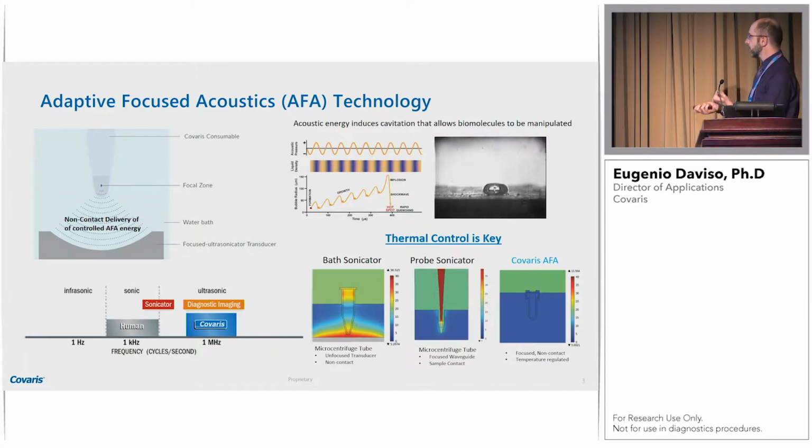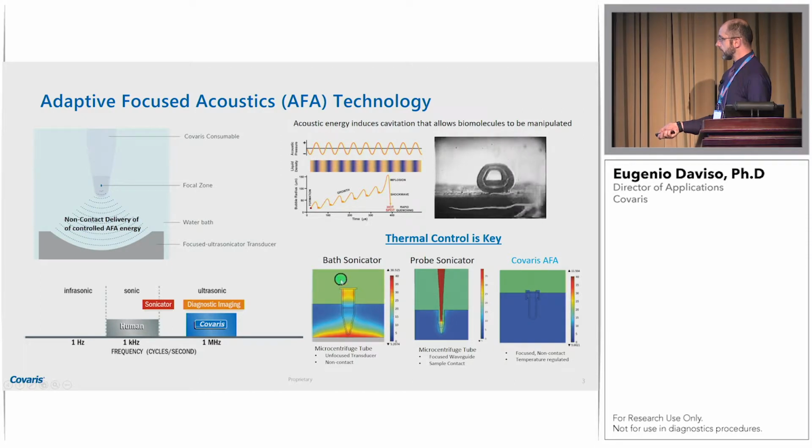If you have these three components, then there is no limit to what you can extract from your tissue. This is an example also of what's going on when you couple sonic waves to a plastic sample. This is a simulation that shows how heat is generated very close to the transducer, is not regulated, and is then transferred to the vessel, leaving very little or no control on the temperature inside the vessel.